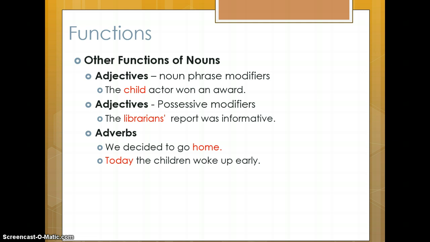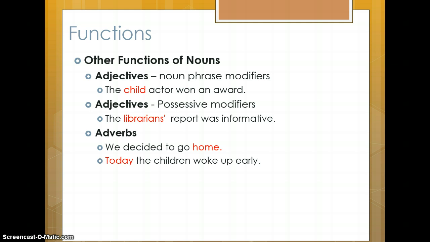It's actually an adjective. Okay? Nouns can also act as an adjective in terms of being a possessive modifier. So the librarian's report. Which report? The librarian's report. In this case, librarian's is acting as an adjective modifying report, but it's not your typical adjective. It's actually a noun acting like one.